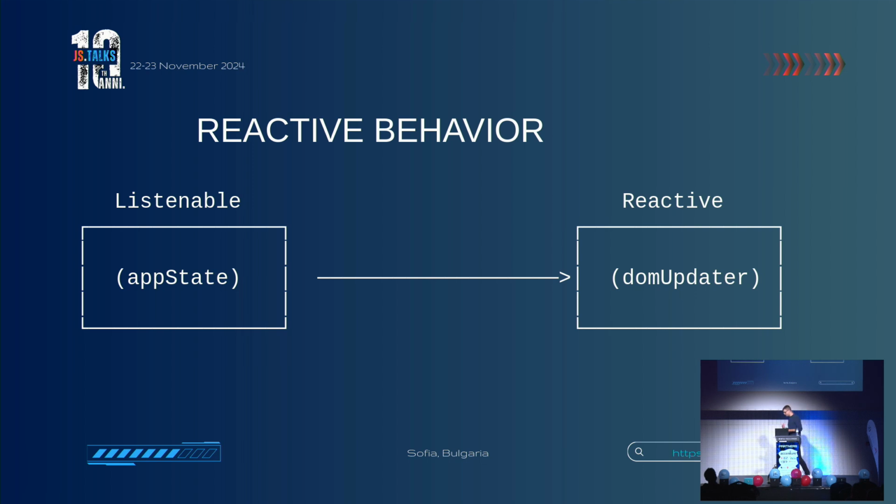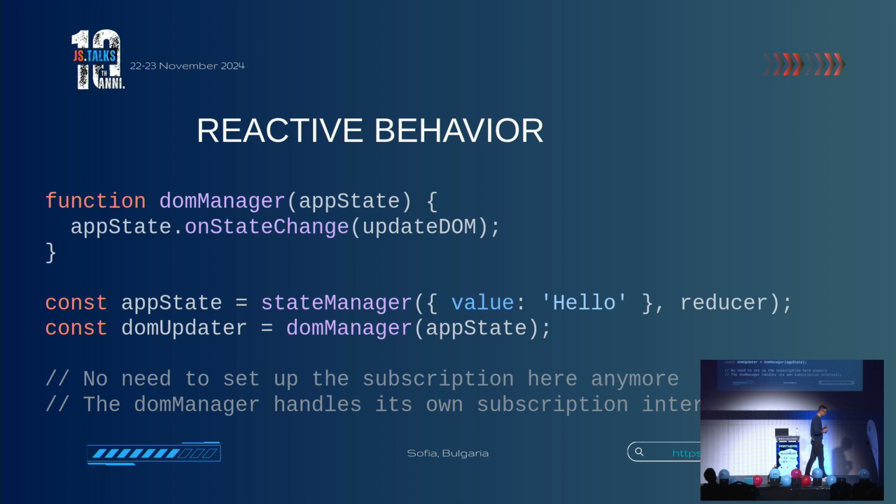So to keep the direction of the arrow but change the ownership, we're going to make the producer of data, in this case app state, listenable, and we're going to change the DOM updater to be reactive. This can be achieved very simply by passing app state to the DOM manager and subscribing on the inside. Now we don't have to return an update DOM function.